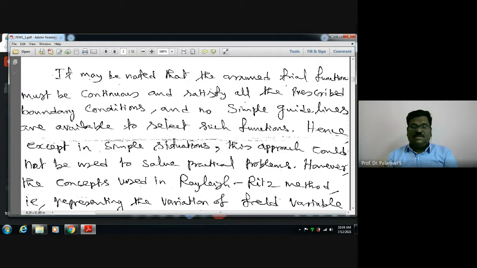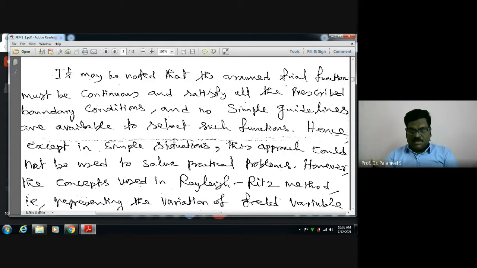That alone, keep it in mind. In my notes I have also done the polynomial approximation, with one-term and two-term approximation, and that also leads approximately to the solution. But what is the Rayleigh-Ritz method, the procedure? You have to understand that, that's all.